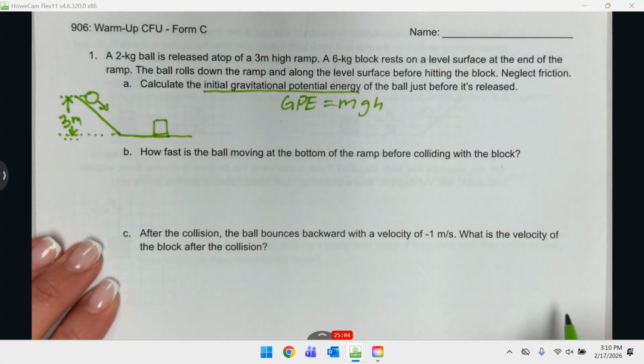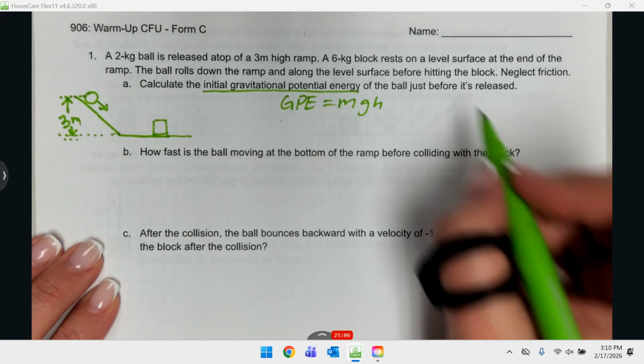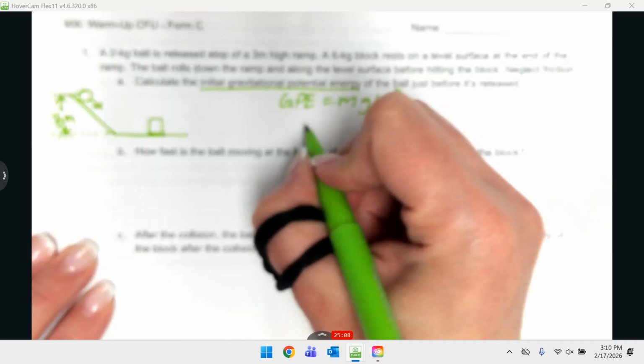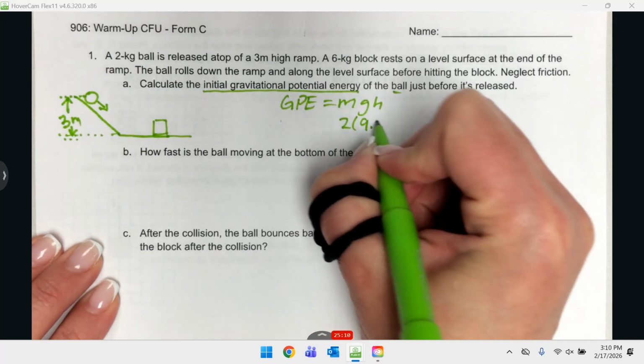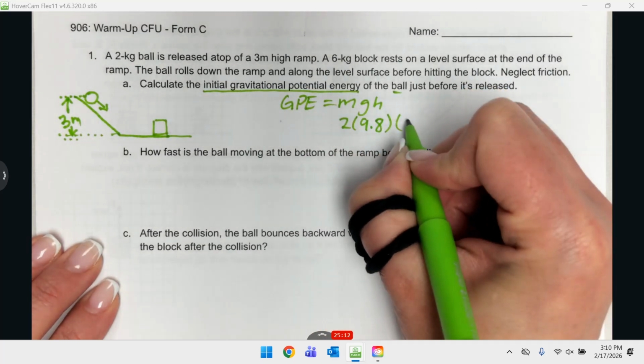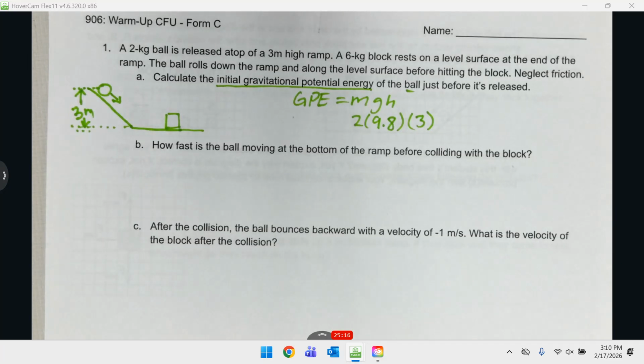We take the mass of the ball, which is 2, gravity, which is 9.8, and the height, which is 3, and multiply those together. So that ends up being 6 times 9.8, which is 58.8.